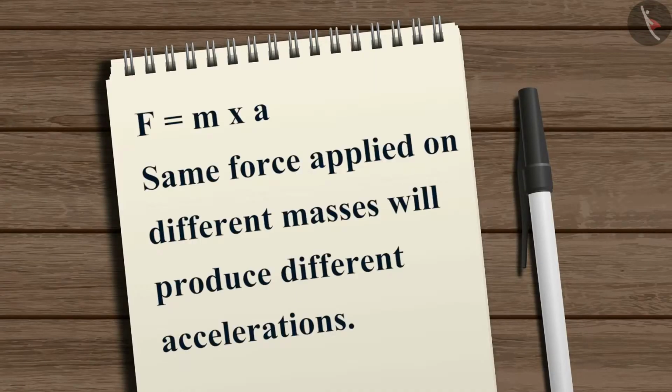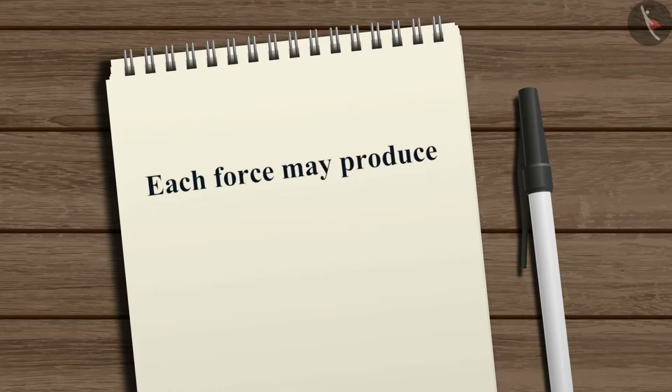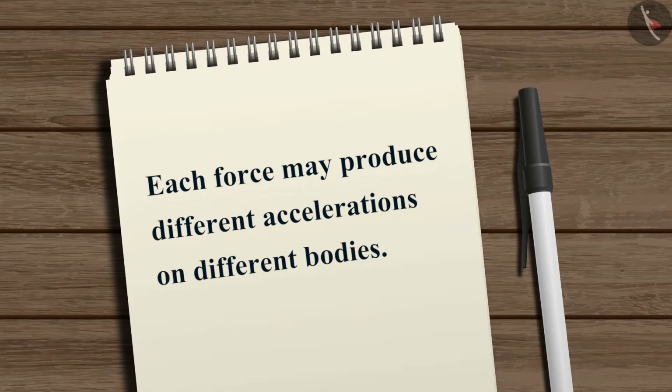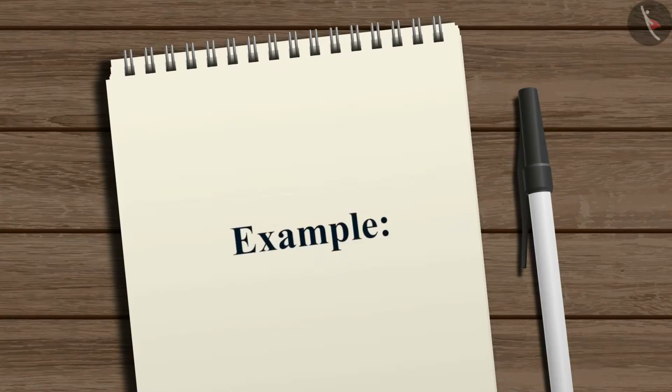According to the relation derived from the second law of motion, F is equal to m multiplied by a, we can observe that the same force applied on different masses will produce different accelerations. Thus, each force may produce different accelerations on different bodies. Let us look at an example to understand this.